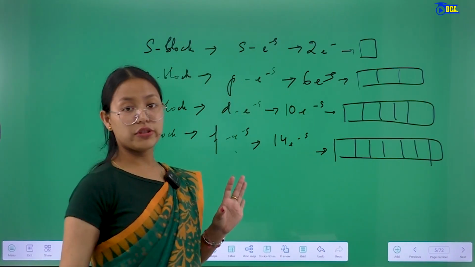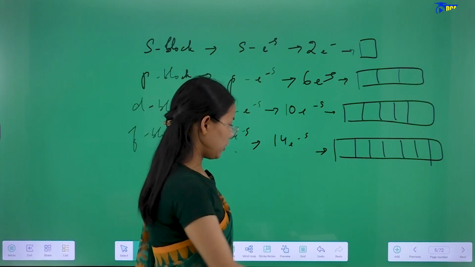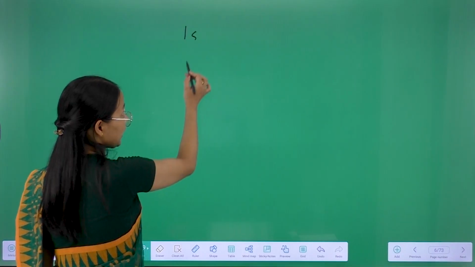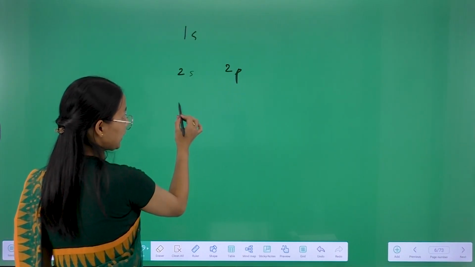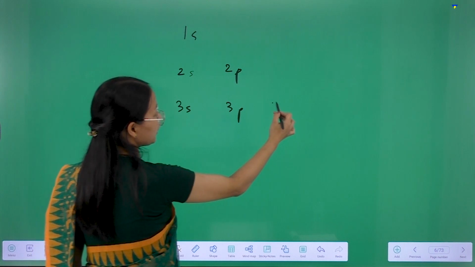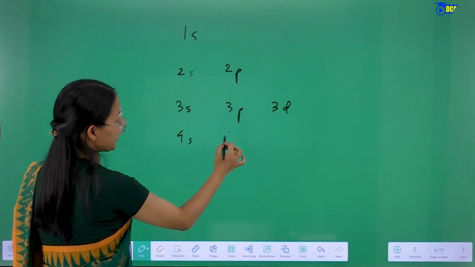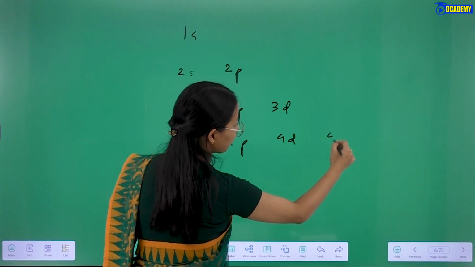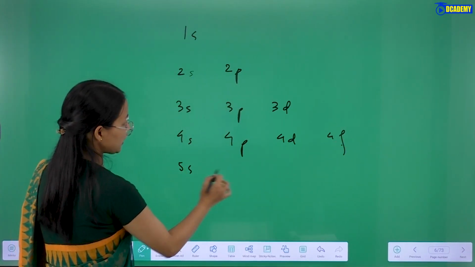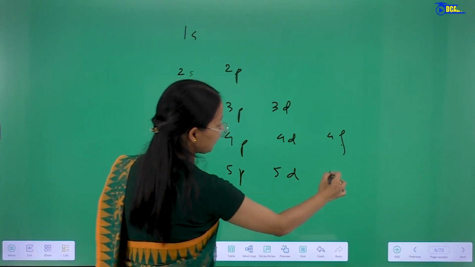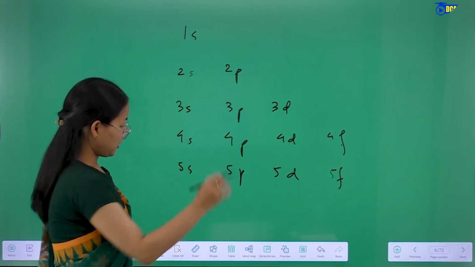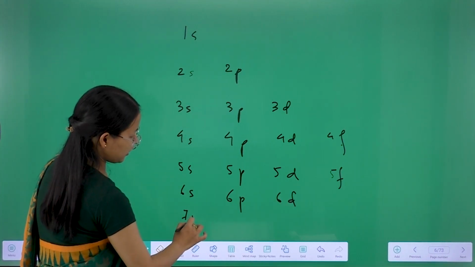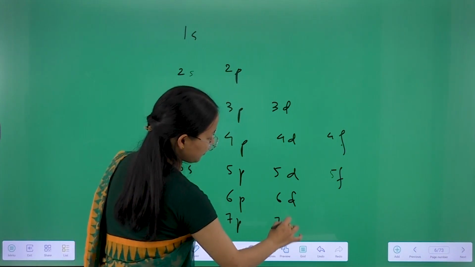And you might have already seen the Aufbau principle, which combines the order 1s 2s 2p 3s 3p 3d 4s 4p 4d 4f, then 5s 5p 5d 5f, then 6s 6p 6d, 7s 7p 7d.